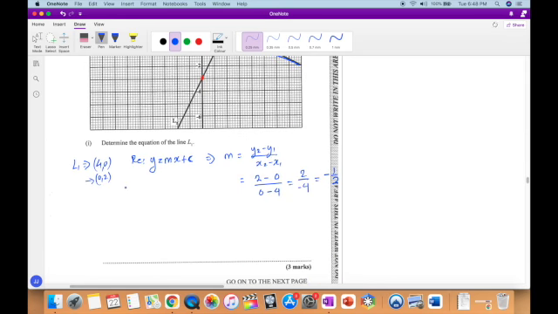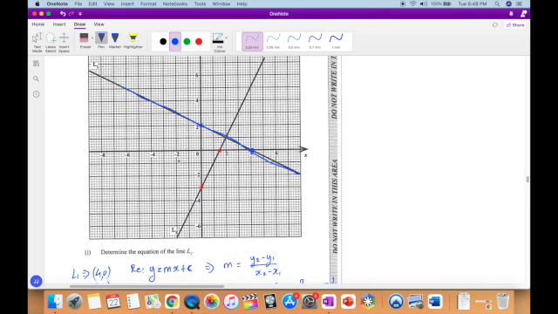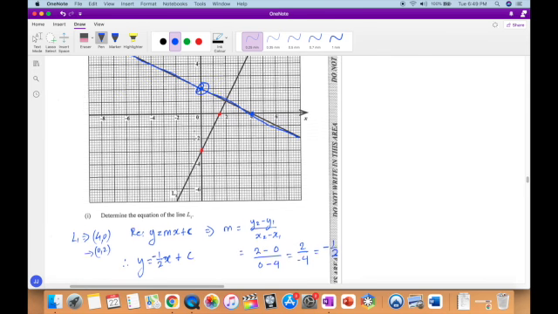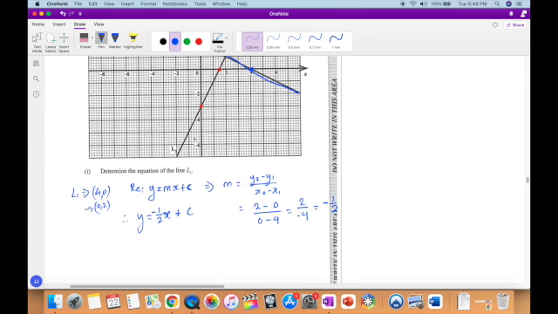So therefore, y is equal to mx plus c. And now it's to find c. C is the intercept on the y-axis, and we can see here that c is 2. Now, if we wanted to, we could have used any one of the points, right? Let's use this point here when x is 0.